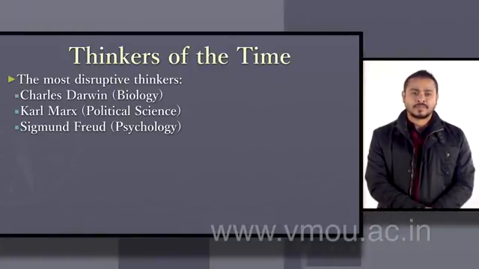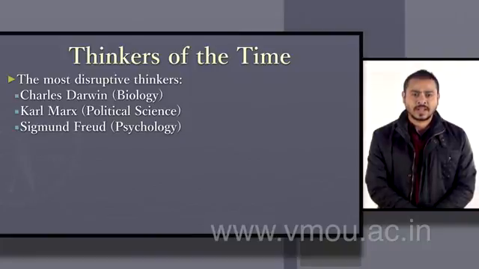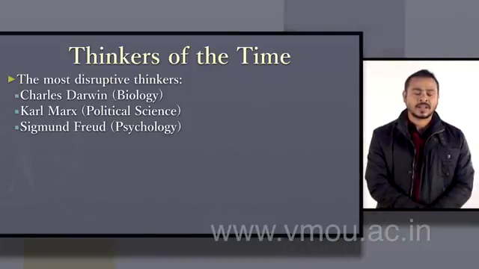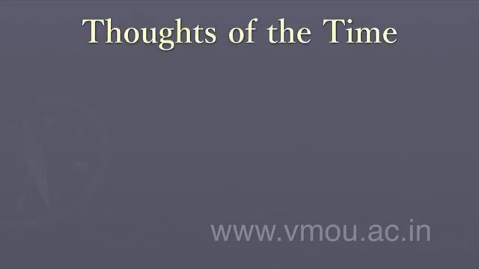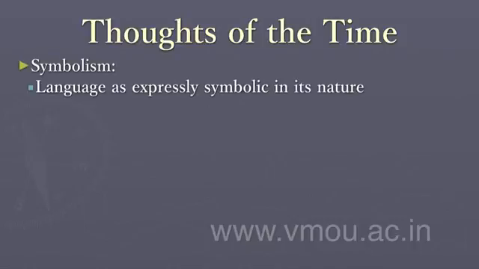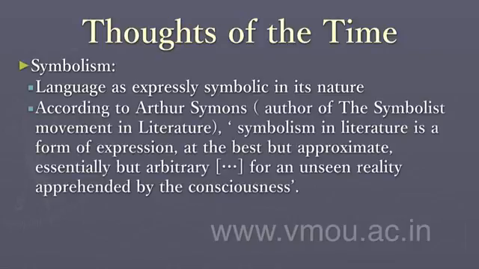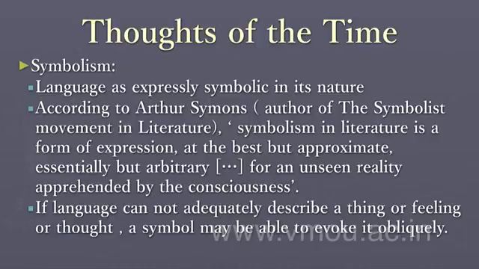And this gave us a kind of impetus that we must break with the past, a past which believed in external and absolute reality. So as far as literary fields were concerned, symbolism came as a movement in which the traditional modes of expression were being questioned.